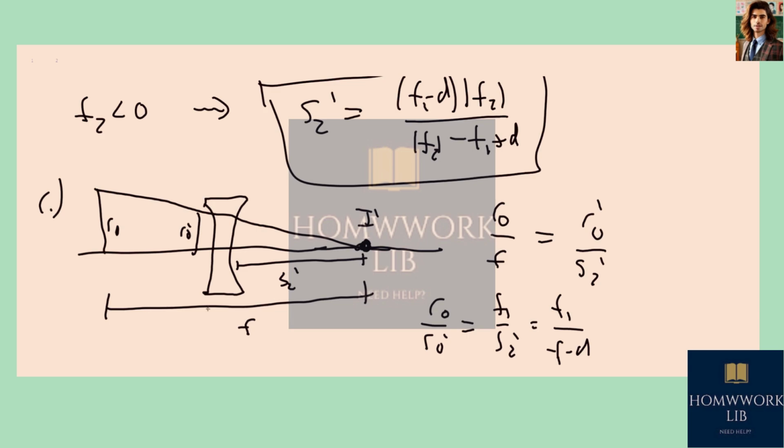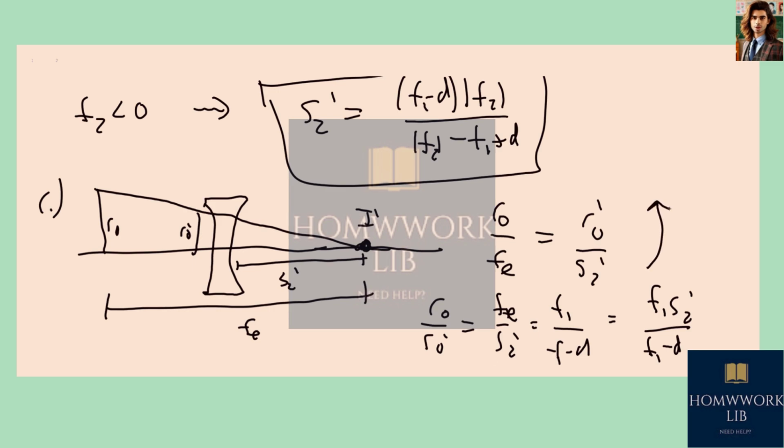Sorry, I was writing f. This is the effective focal length, so I'm going to write fe just so I don't get confused. Now we can rearrange this and solve for the effective focal length, which becomes f1 s2 prime over f1 minus d. If we plug in what we got for s2 prime, we can simplify it even further.